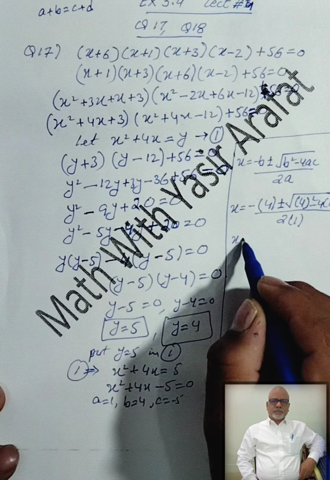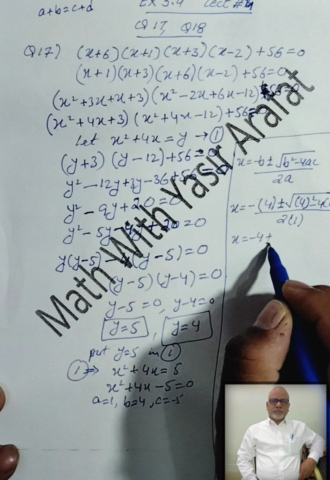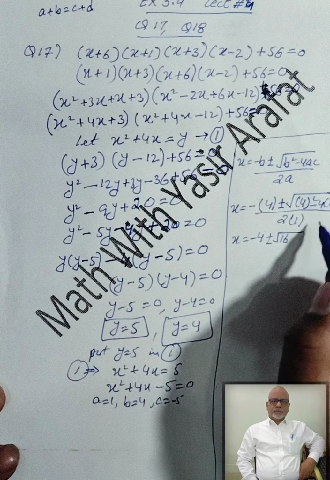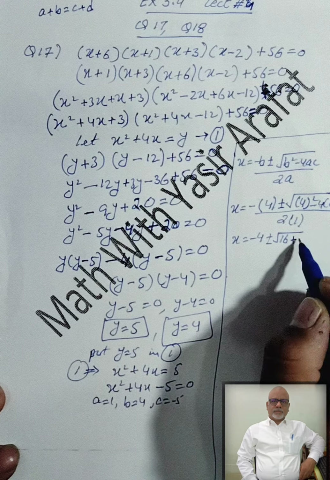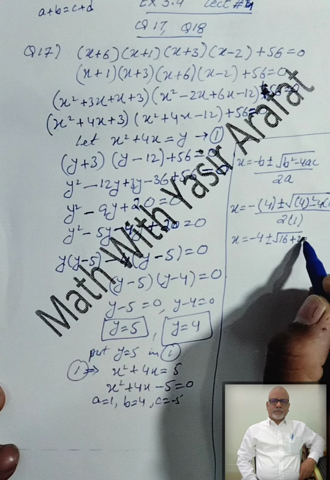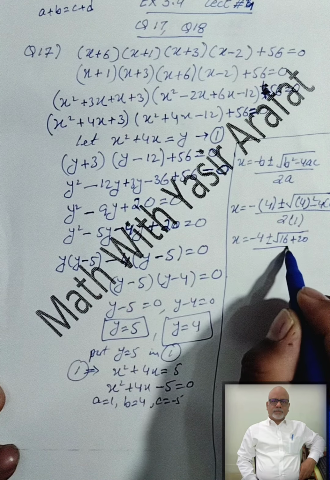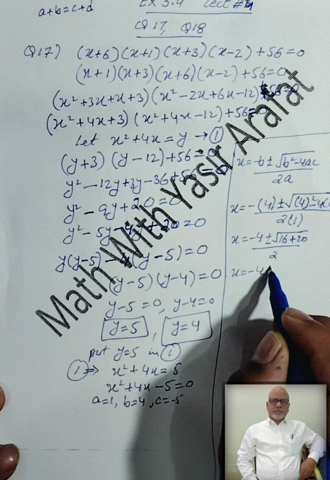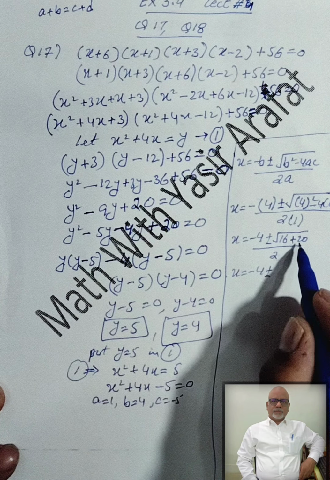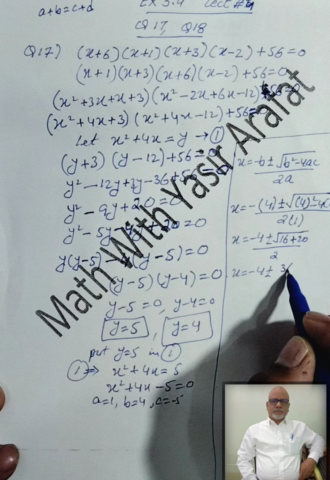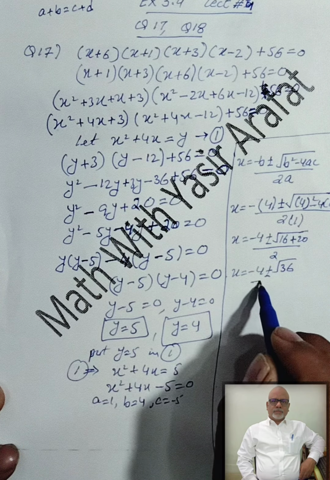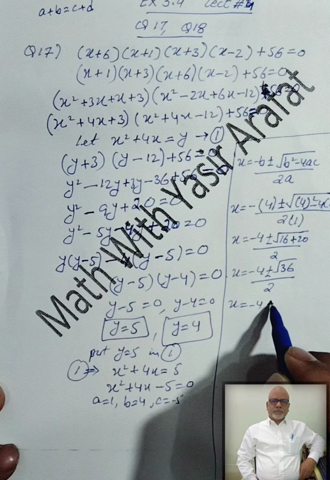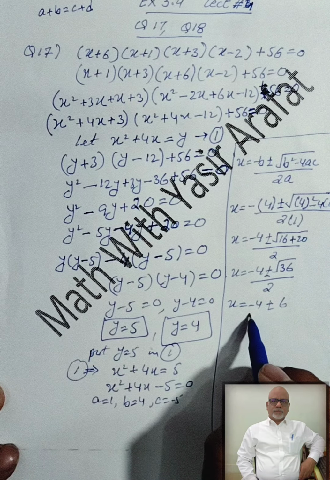Now x is minus 4 plus minus radical of 4 fours are 16, minus minus plus 4 fives are 20, over 2 ones are 2. So this is minus 4 plus minus radical 36. The radical of 36 is 6.